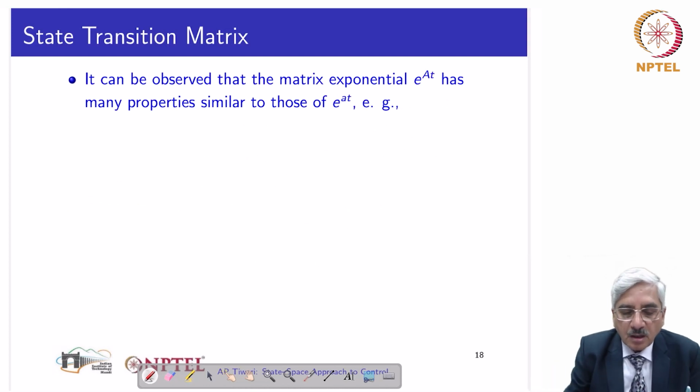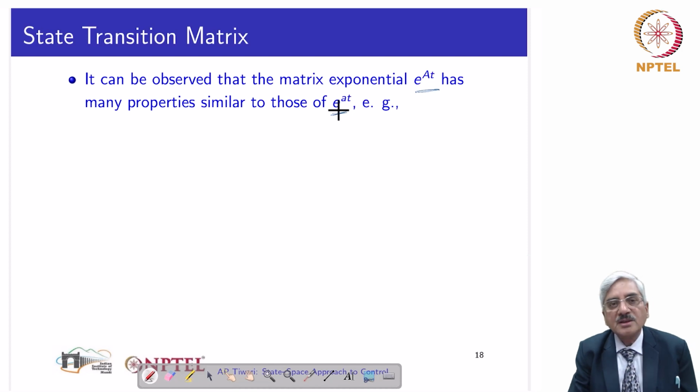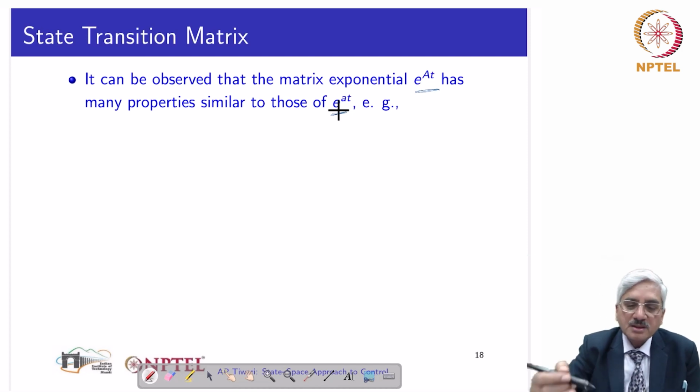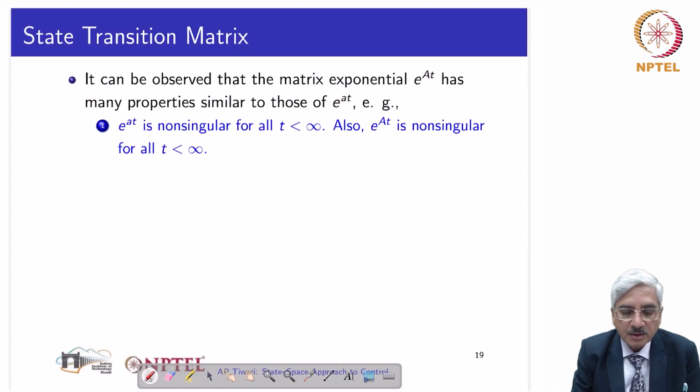So it is to be observed that this matrix exponential e power capital A t and the scalar exponential e power small a t have several similar properties. For example, both are non-singular for all t less than infinity.